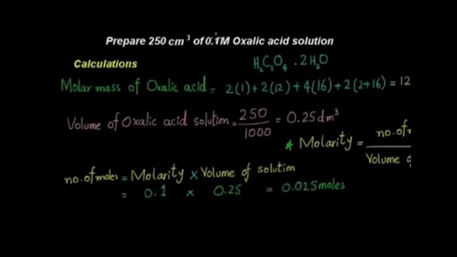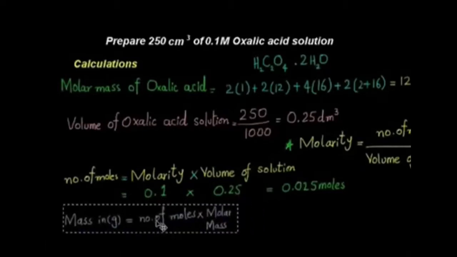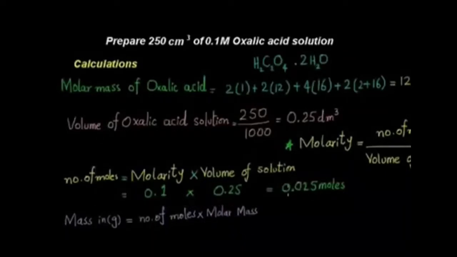Okay, now after finding the number of moles, next, oxalic acid is in solid form, and for preparation of its 0.1 molar solution in 250 centimeter cube, how much amount of oxalic acid will be required in grams? For that purpose the formula is mass in grams is equal to number of moles multiplied by molar mass.